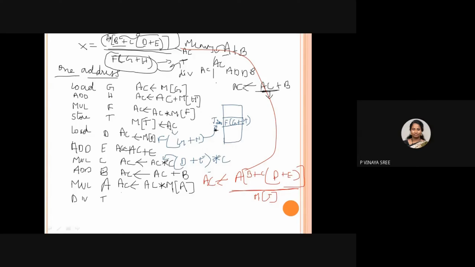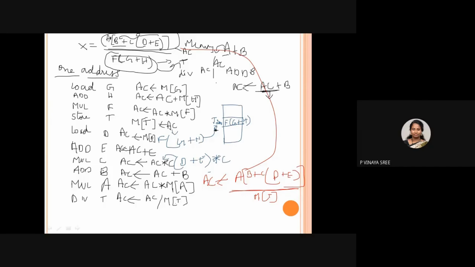The accumulator will have the numerator value, a into b plus c into d plus e, divided by the denominator value present in m of t.